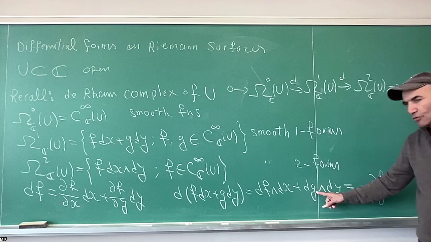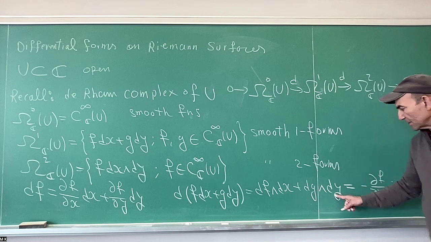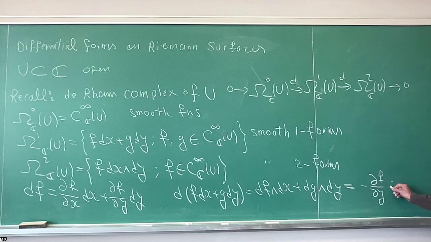And this term gives you partial g partial x dx wedge dy, the other one is 0. So this is the de Rham differential of a one form.